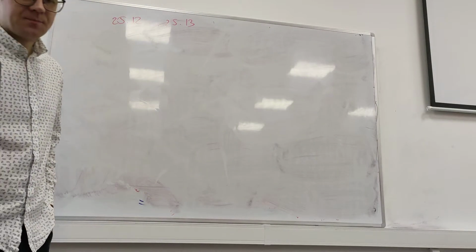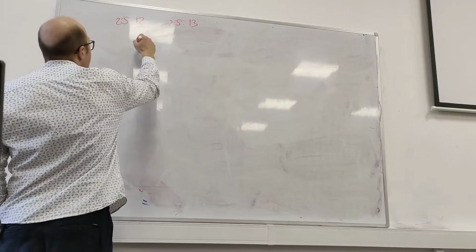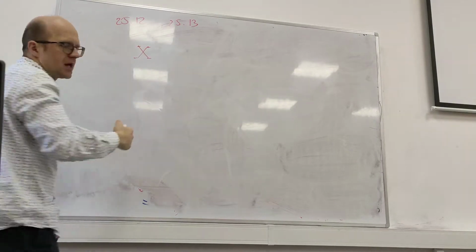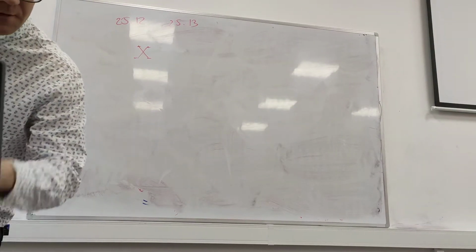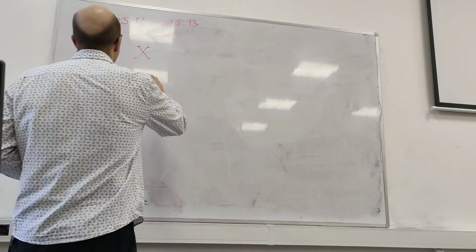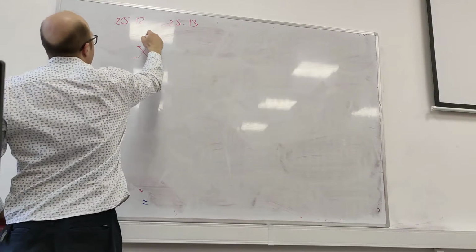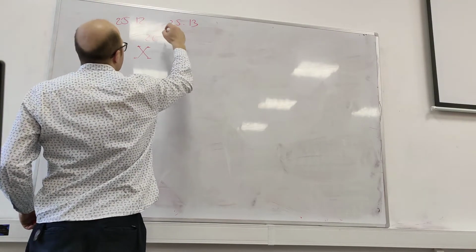Okay, what is given? We know that we have a random variable x. It is the time of life of 20 light bulbs.